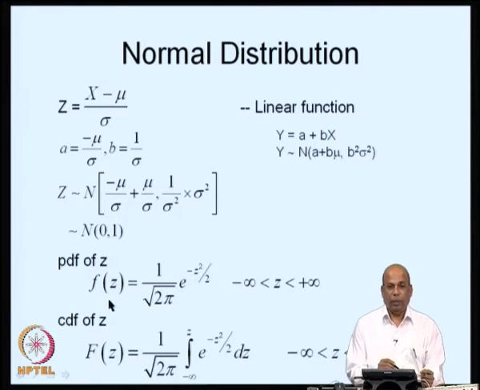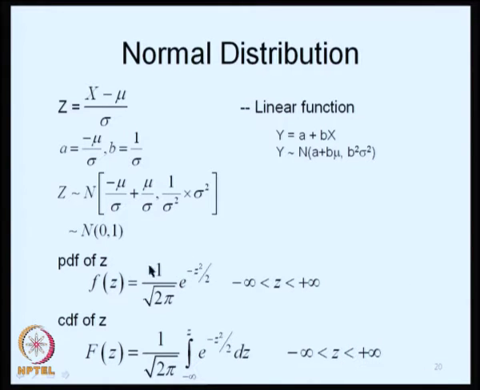Once we get the PDF of Z, you get the CDF of Z as the integration between minus infinity to z of 1 over root 2 pi, e to the power minus z square by 2 dz.